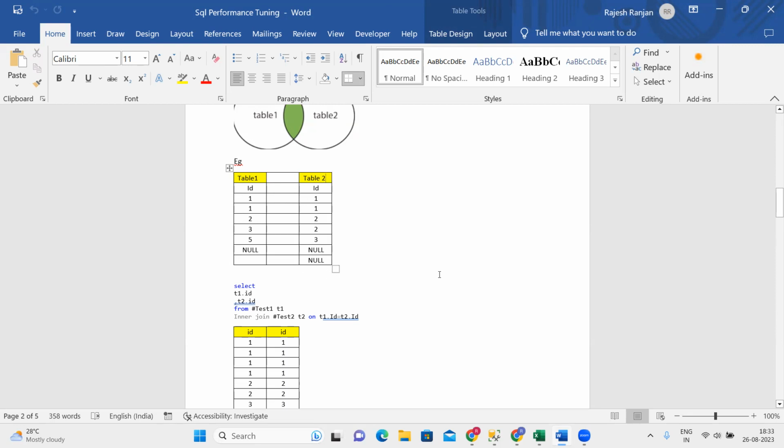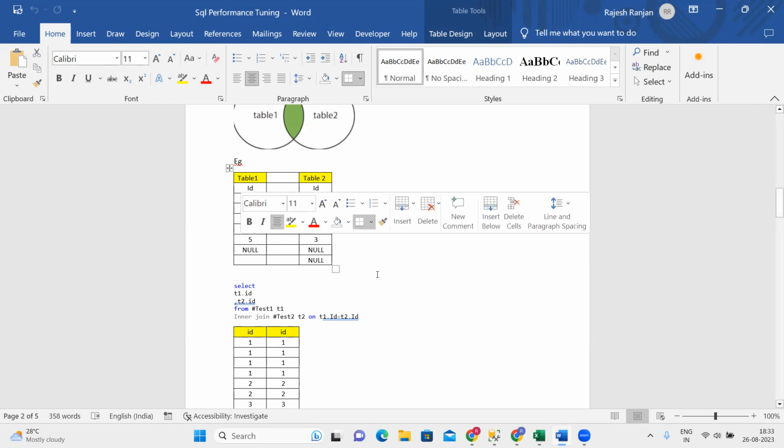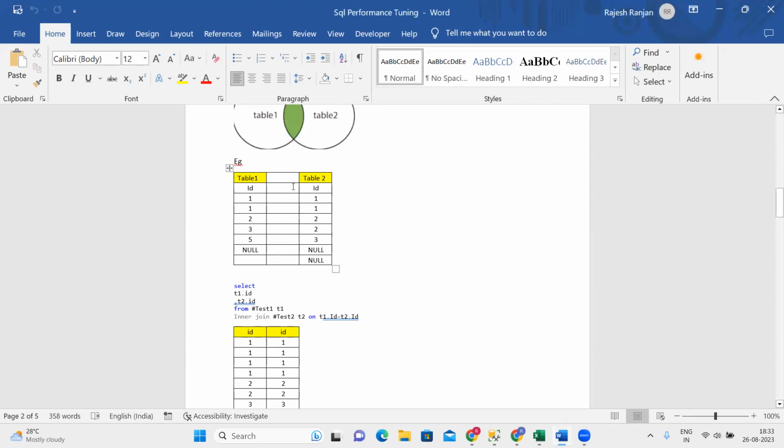When you apply the inner join, how does it work? Suppose in table one we have the record one. It goes and searches the second table, and whenever it finds matching records, they appear in the output. Table one has ID one, and it searches table two, where it is found two times.